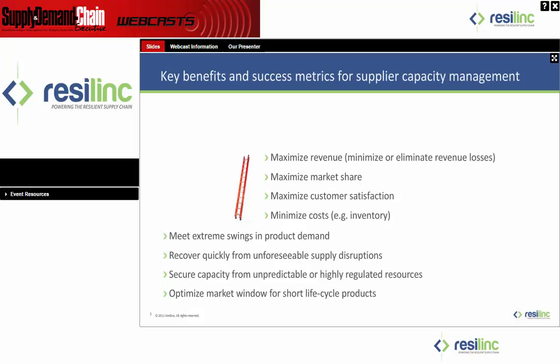That translates into maximizing revenue, market share, and customer satisfaction.